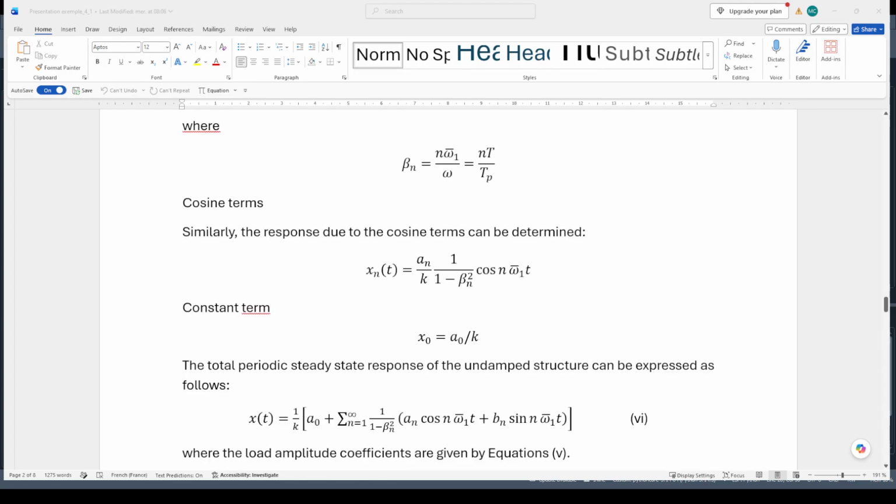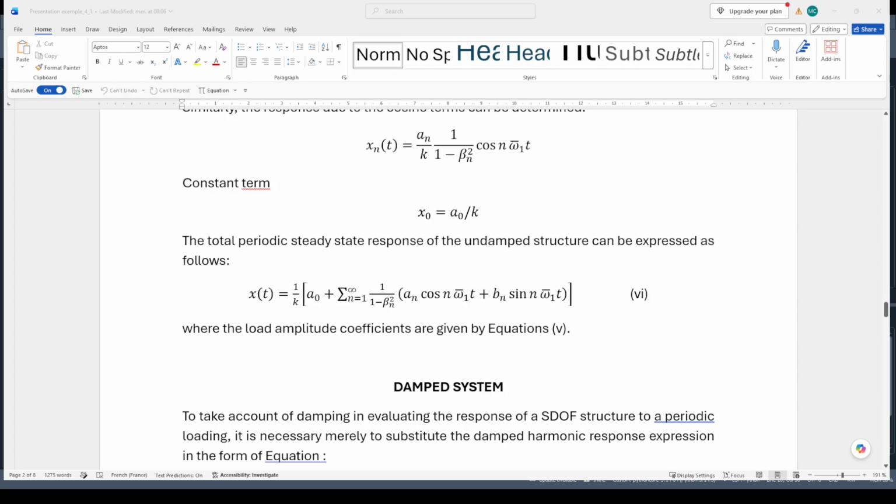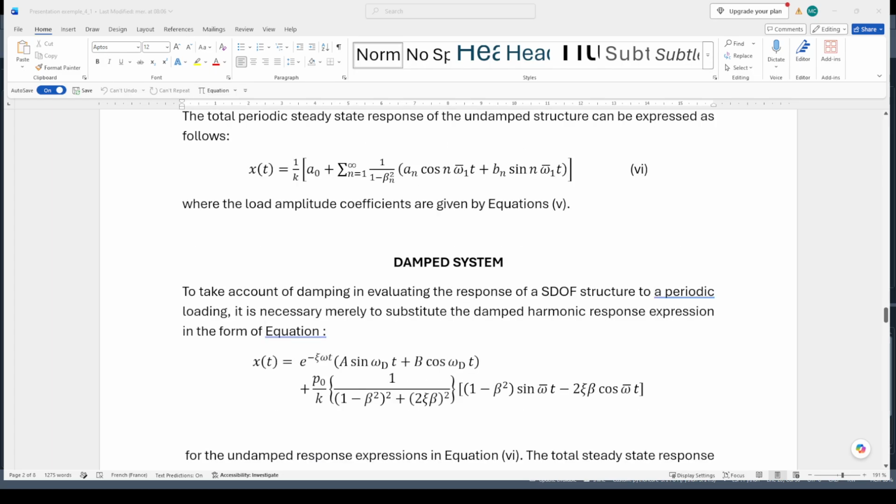The cosine term is written in this way, so the total periodic steady state response of the structure we can express in the following way, where the constant term a0 over k is this value in equation 6. This is the equation for the undamped system, equation 6.